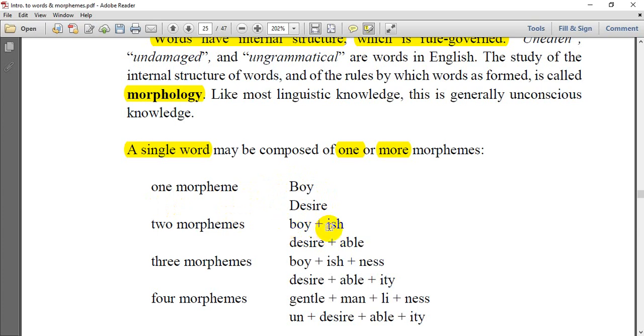Boyish, boy plus ish, has two morphemes. Desirable has two morphemes. Boyishness, this English word, has three morphemes, which are boy plus ish plus ness. Undesirability has four morphemes, which are un, desire, able, ity.